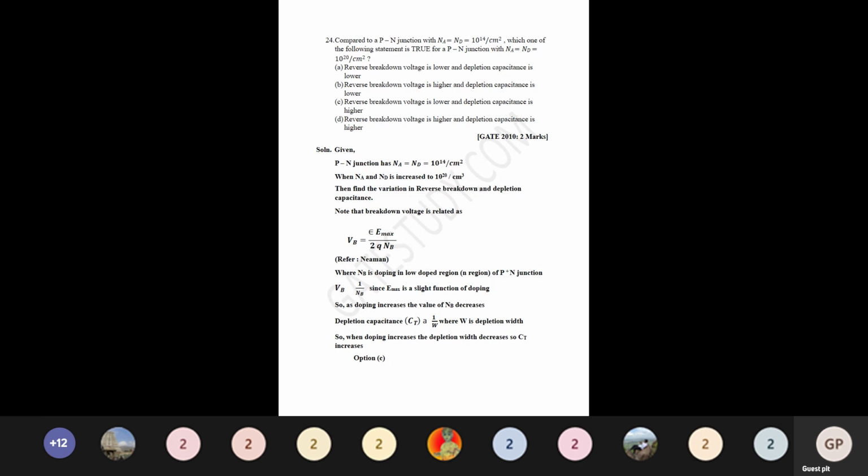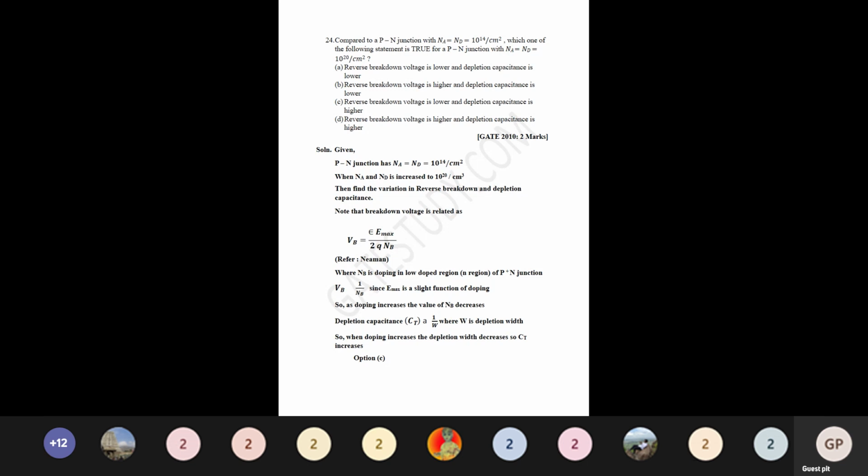So the given data is a PN junction with Na equal to Nd equal to 10 to the power 14 per centimeter cube. When Na and Nd are increased to 10 to the power 20 per centimeter cube, find the variation in reverse breakdown and depletion capacitance. The breakdown voltage is given as Vb equal to epsilon Emax by 2qNb, where Nb is the doping in the low doped region in a P plus N junction, so Vb is proportional to 1 by Nb, since Emax is a slight function of doping.